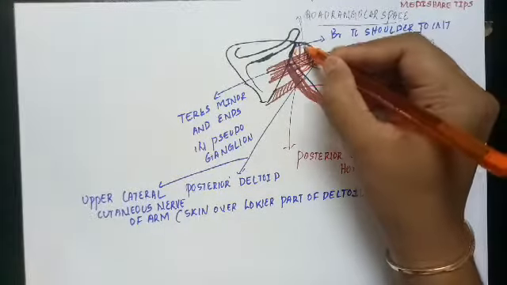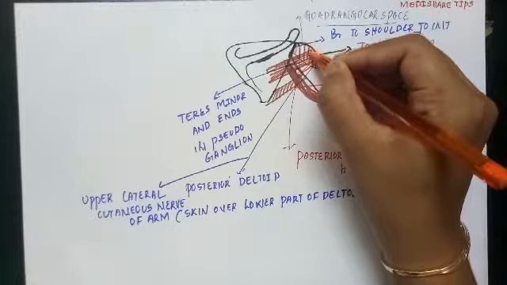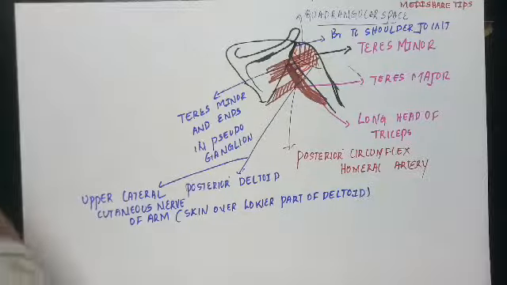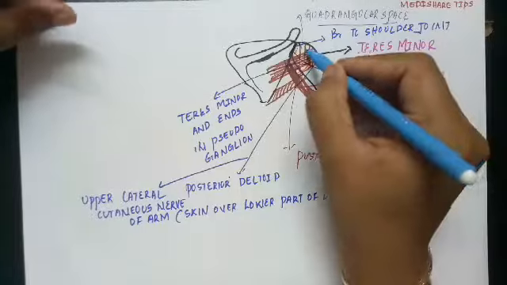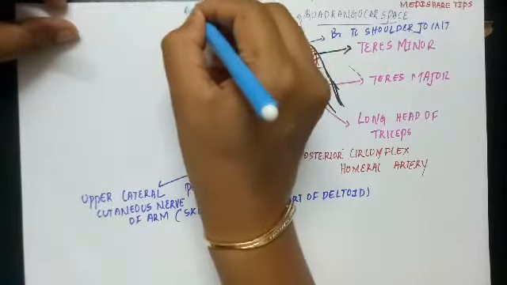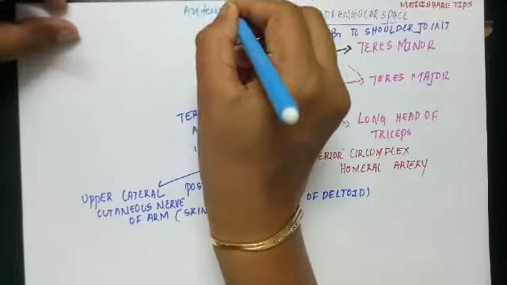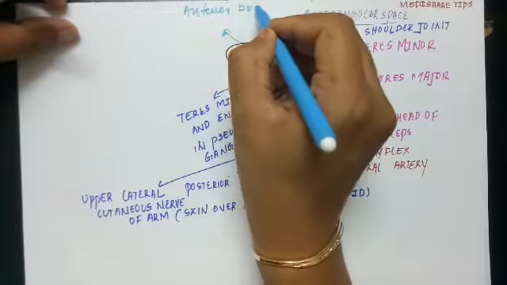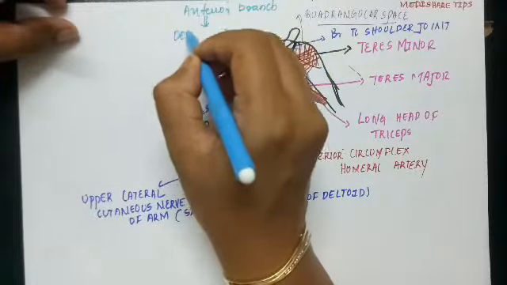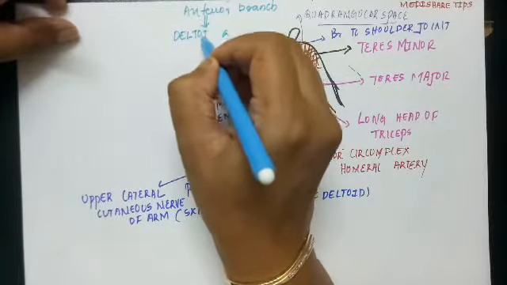Now the anterior branch passes anteriorly and supplies the major part of the deltoid, mostly the anterior fibers.